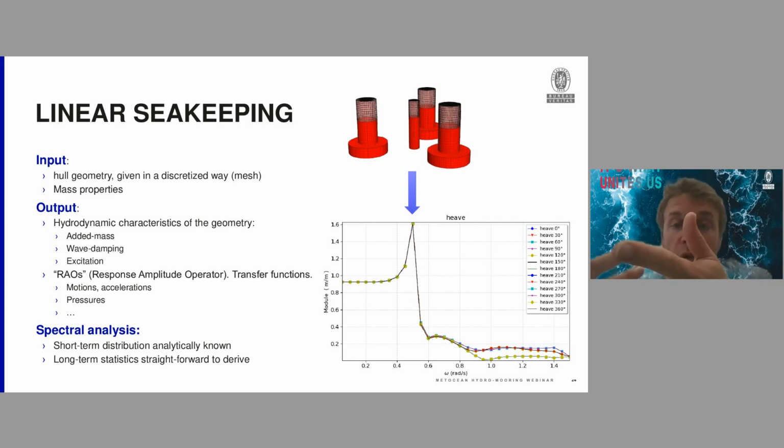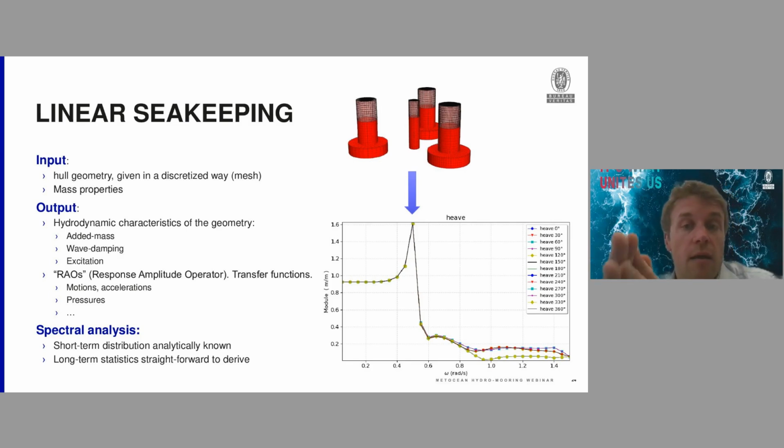And it's a linear model, that is to say that if you double the wave amplitude, you will also double the response. And with this simplification, everything is easy in terms of engineering, because you can do some spectral analysis to combine this transfer function with the description of the environment in terms of wave spectrum.